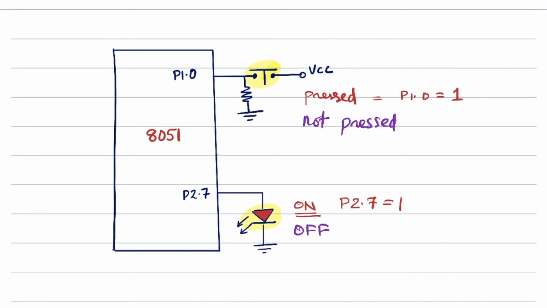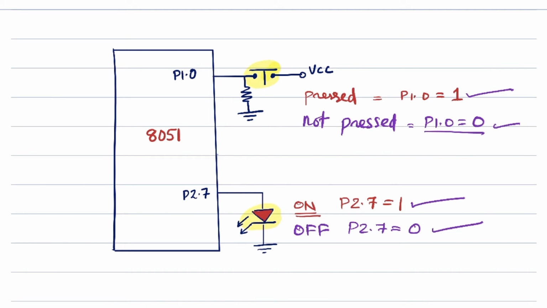If the switch is not pressed, then P1.0 will become 0, and when P1.0 is 0, we also make P2.7 0 so that the LED is off. Whatever the value of P1.0, the same value will be in P2.7, in both cases, whether it is 1 or 0.